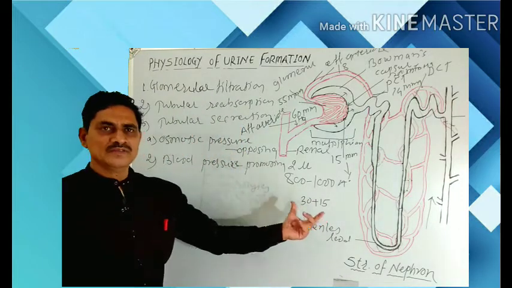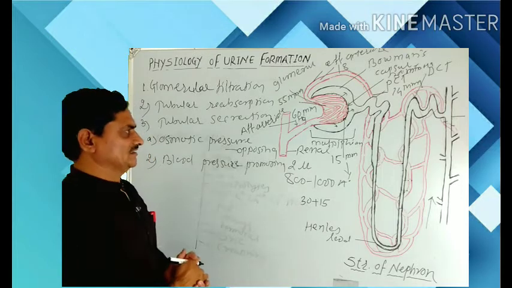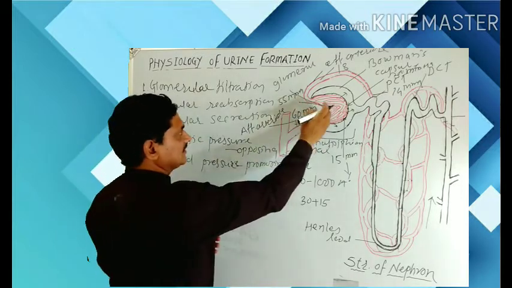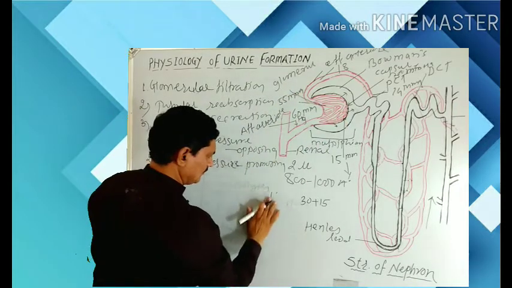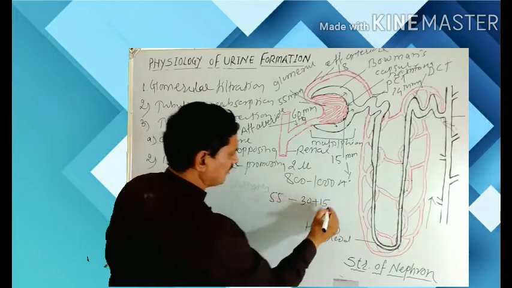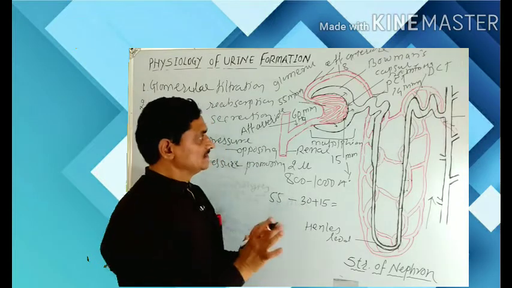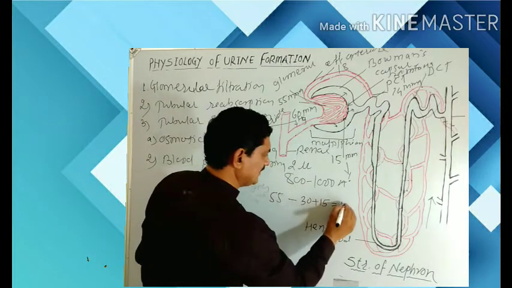These together form 45 mmHg. But in the glomerulus, there is 55 mmHg of blood pressure. So, this 55 mmHg of blood pressure minus this 45 mmHg gives the final pressure in this glomerulus, which is 10 mmHg.